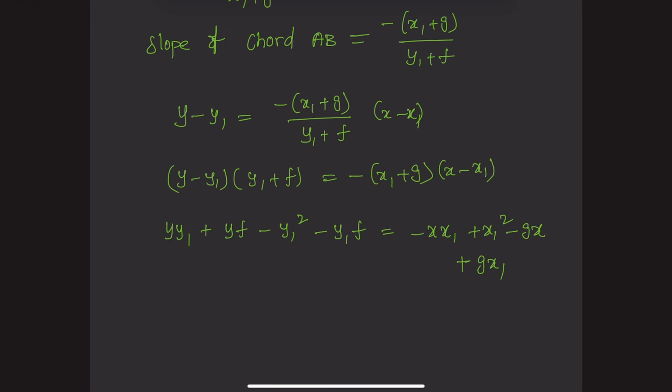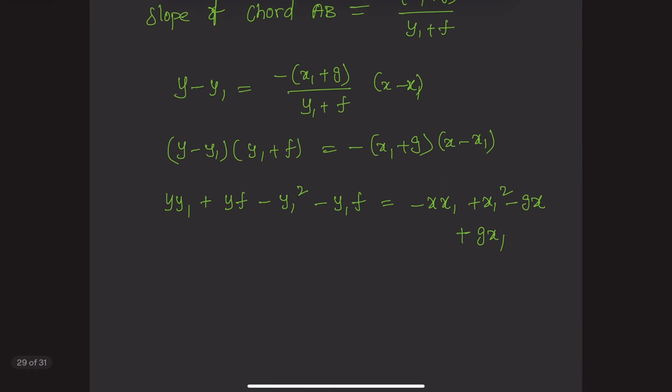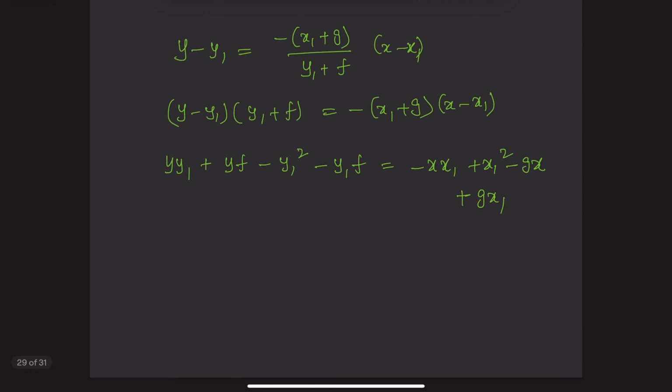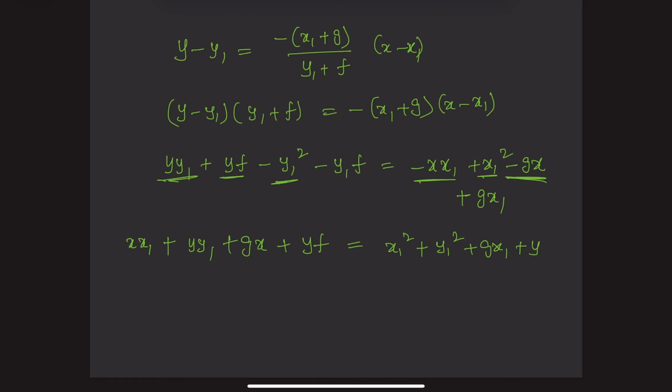Let us rearrange it a bit and see what we'll get. So we'll simply get x x1, so this term is done, plus y y1, that is also done, plus g x plus y f is equal to x1 square plus y1 square plus g x1 plus y1 f.